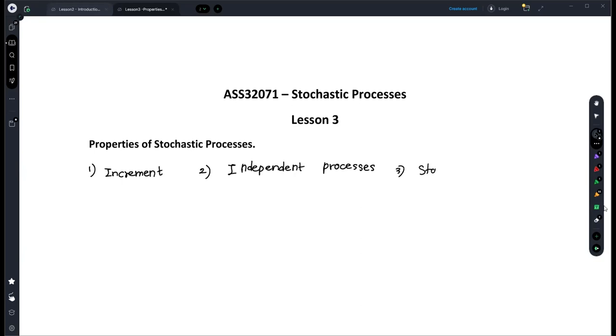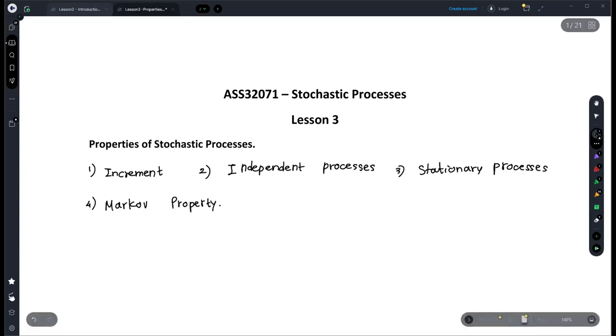And then stationary stochastic processes. And then the Markov property. Okay. So to begin with, first we'll discuss counting processes. Okay. Counting processes.